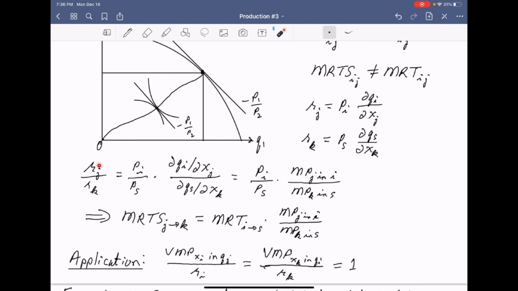So we get that the ratio of the input prices is equal to the ratio of the output prices.